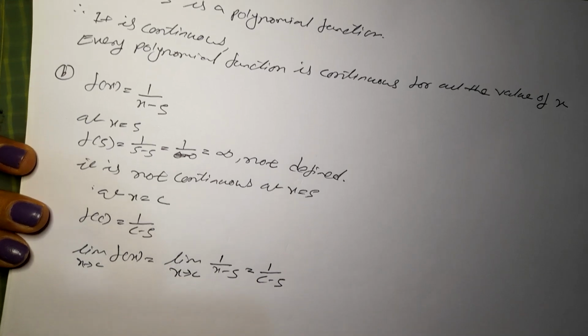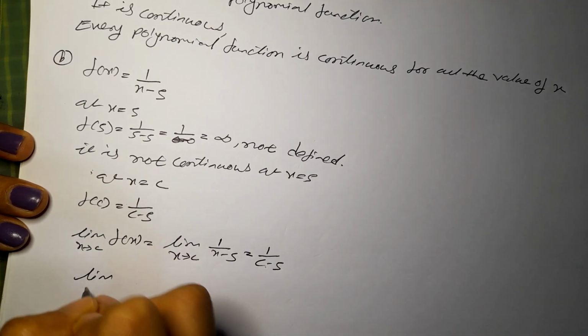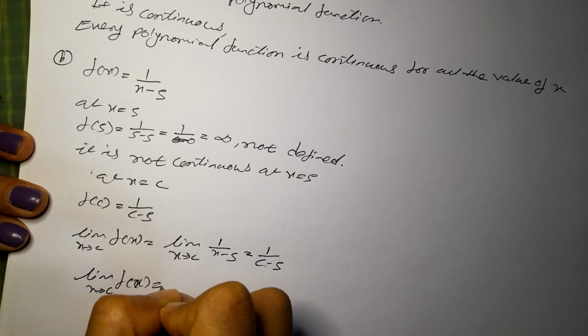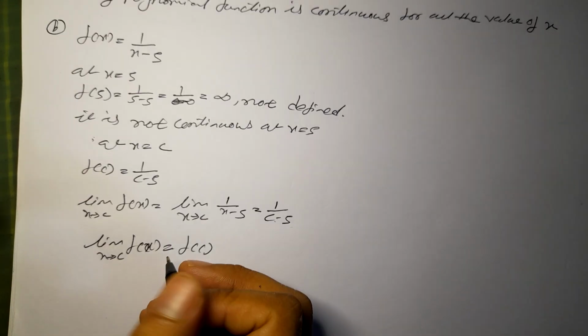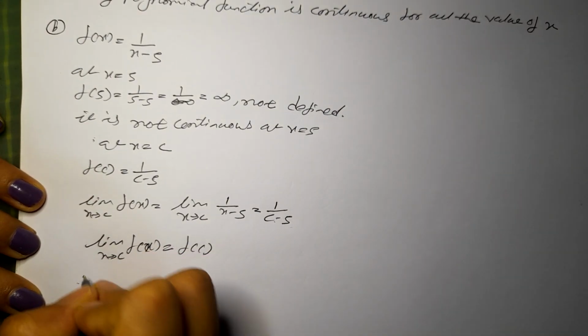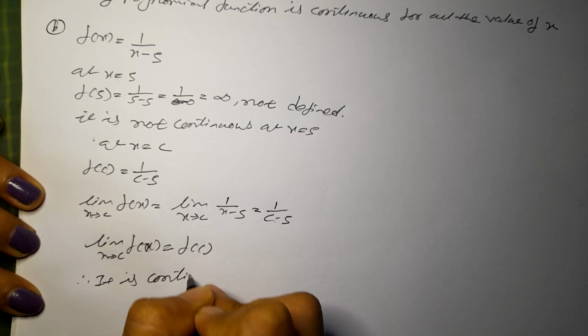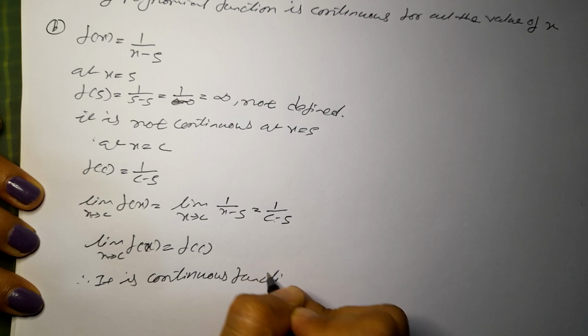So these two are equal. The limit as x tends to c of f of x is equal to f of c. Since these two are equal, therefore it is a continuous function.